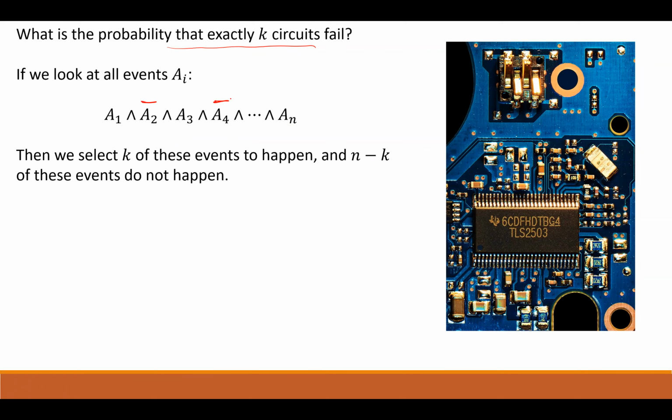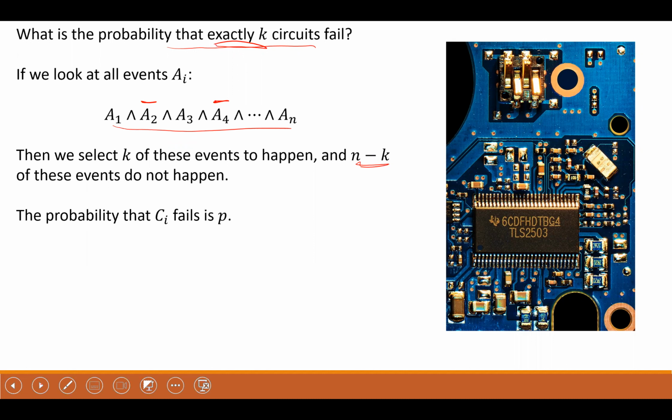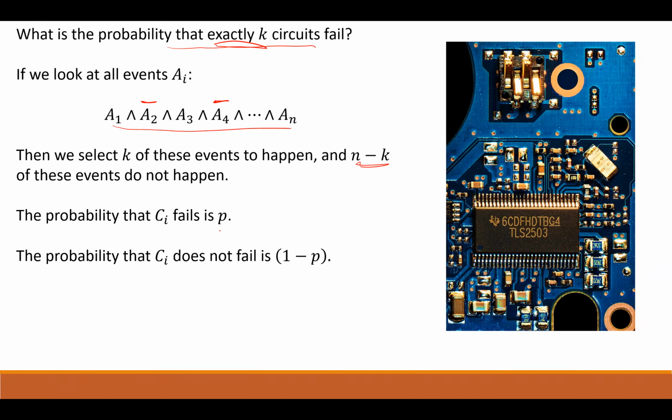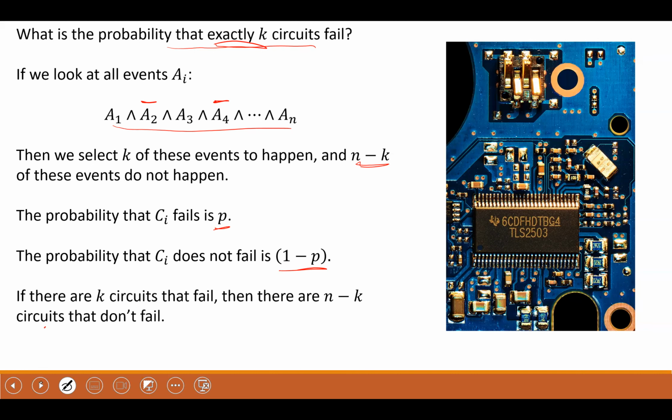A3 fails, but A4 does not, etc. Okay, so this, I think, should be pretty clear. If I'm looking for the probability that exactly K circuits fail, I'm looking at the intersection of K circuits failing with N minus K of them not failing. So then, I know that the probability of Ai is P and the probability of not Ai is 1 minus P.